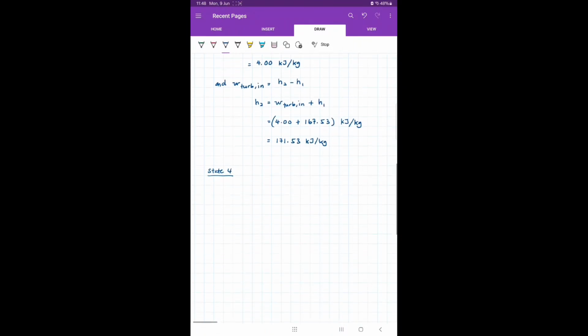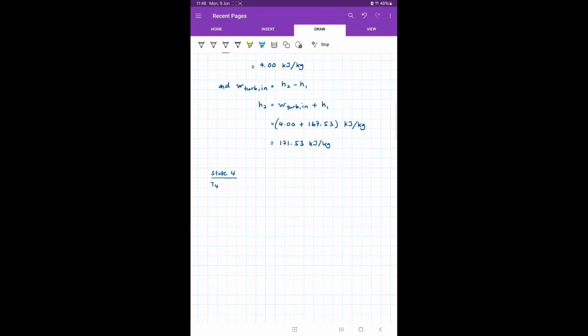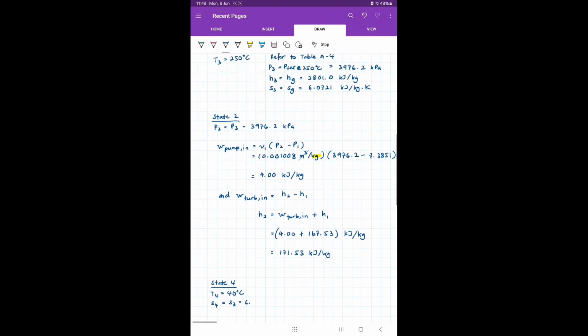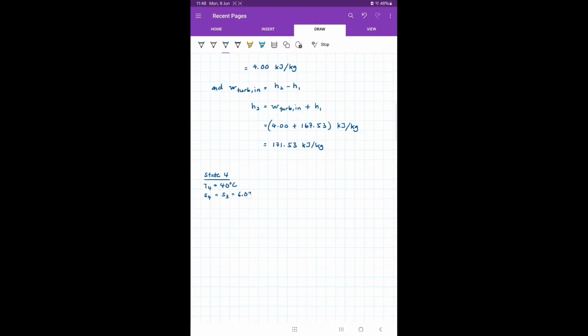For state 4, the temperature is 40 degrees Celsius, and it is an isentropic process going from 3 to 4. So our entropy at point 4 equals entropy at point 3, which is 6.0721 kilojoule per kg Kelvin. We need to refer to table A4 again, because that's the temperature.